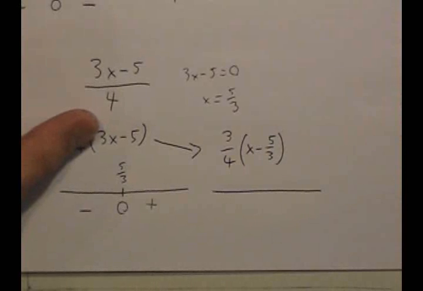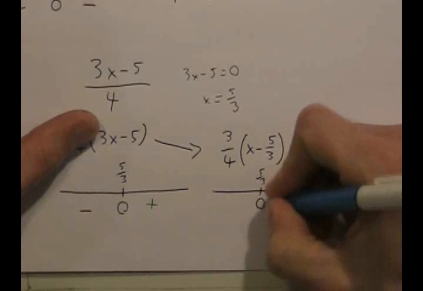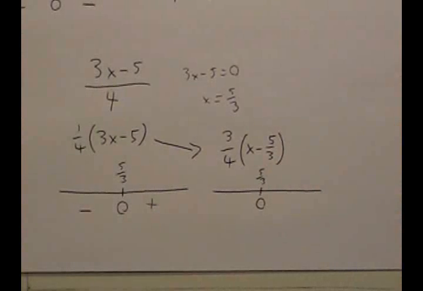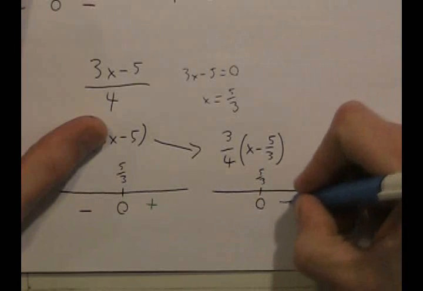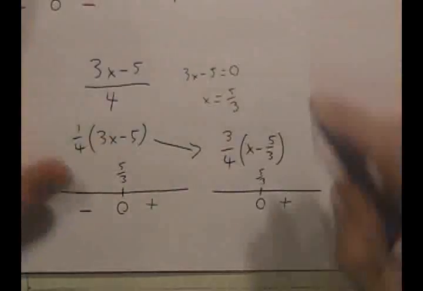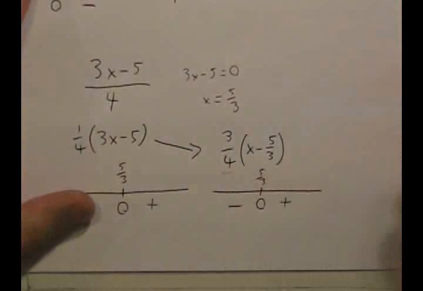So mark down where it's equal to 0, and clearly at 5/3 it's 0. And if we plug in a number larger than 5/3, you'll get a large number. 40 billion minus 5/3 is a positive number. And then I know, because of the way that all of these go, that if I cross over the 5/3, I'm going to get a negative number. The 3/4 out front doesn't change anything.